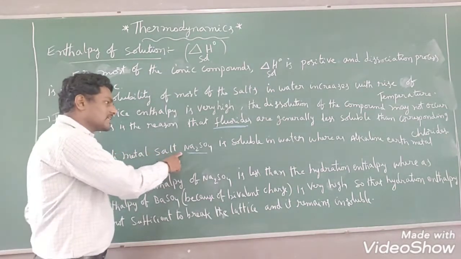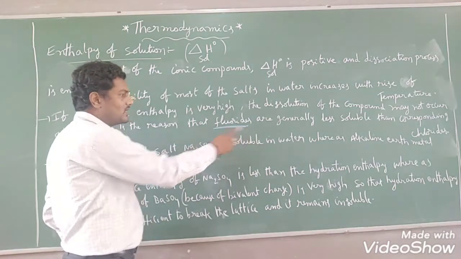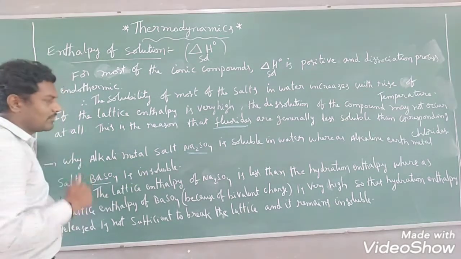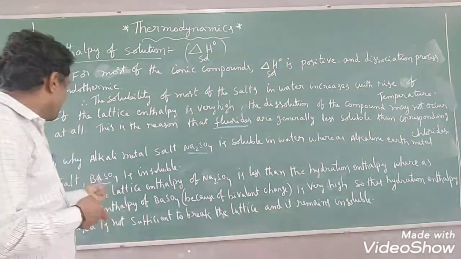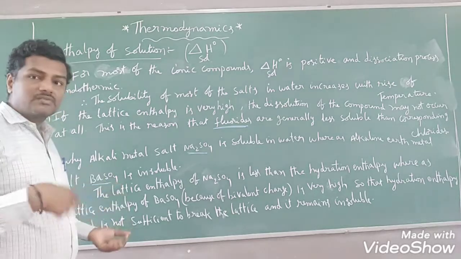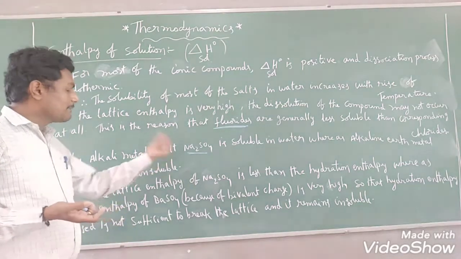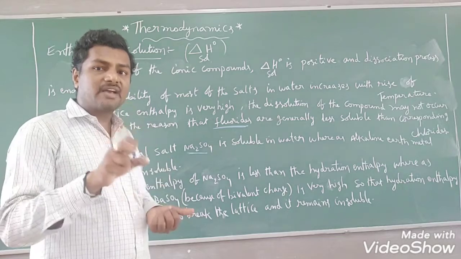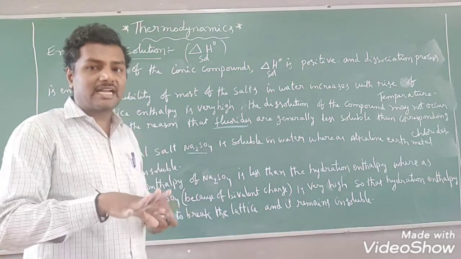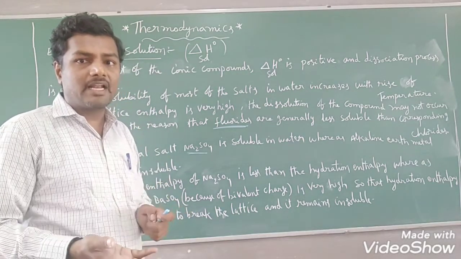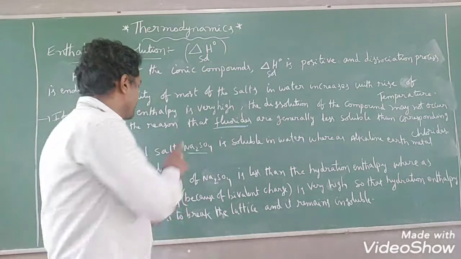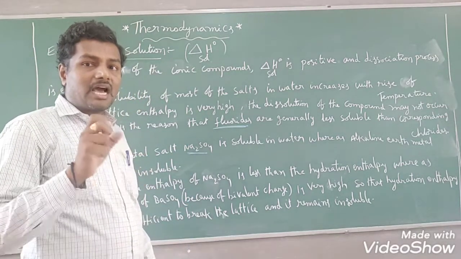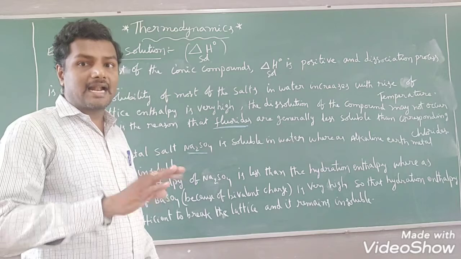So alkali metal salts are soluble in water, whereas an alkaline earth metal salt like BaSO4 is insoluble. Why? Because BaSO4 lattice enthalpy is very high compared with Na2SO4. In Na2SO4, the enthalpy of solution depends not only on lattice enthalpy, it also depends upon hydration enthalpy. If you observe Na2SO4, the hydration enthalpy dominates over the lattice enthalpy.